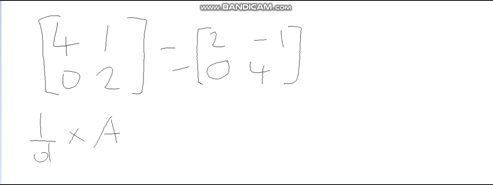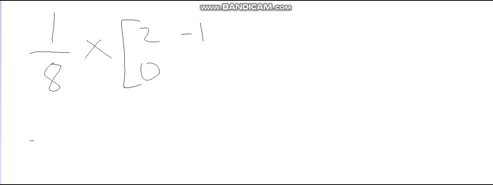So let's go ahead and work that out. Alright, so we know our determinant is 8, so we have 1 upon 8, and we know our adjoint to be 2, negative 1, 0, 4.